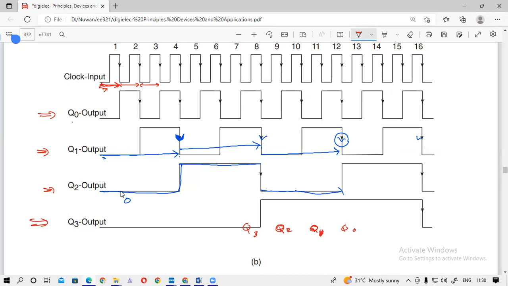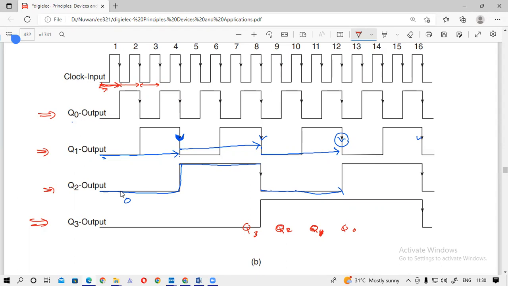In the first cycle the value will change, at the second cycle the Q0, Q1, Q2, Q3 values will change, and at the third clock cycle again change.